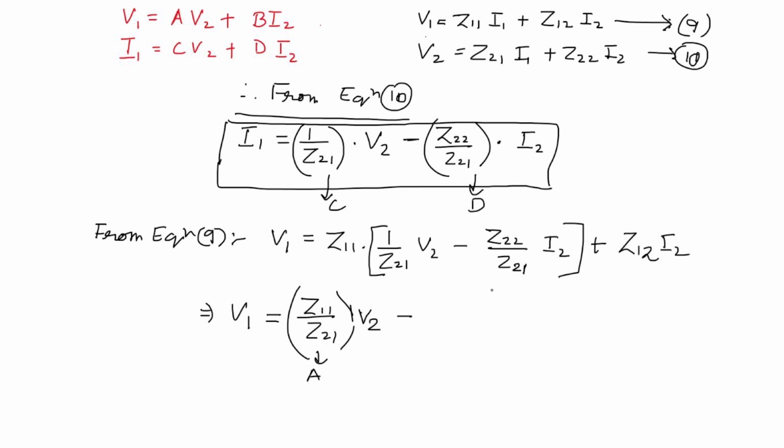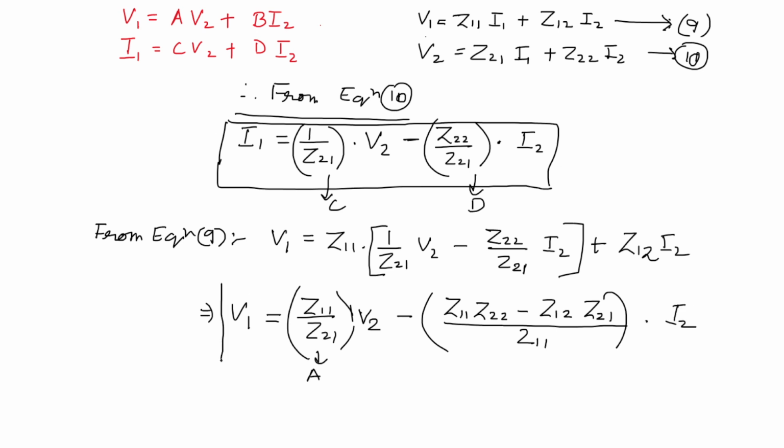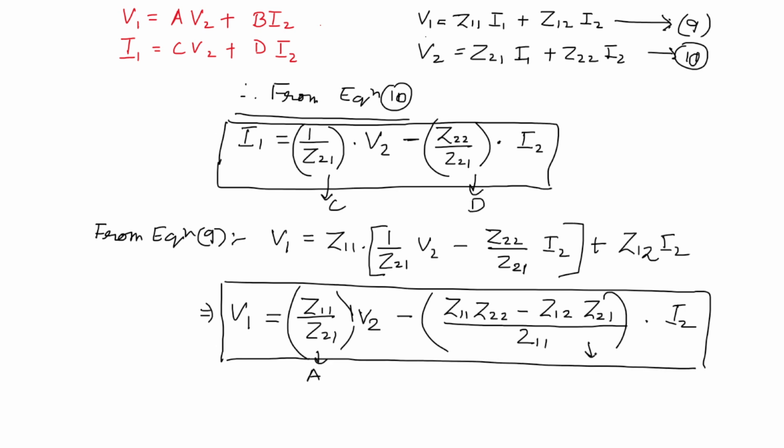Then we have minus Z11 Z22 minus Z12 Z21 divided by Z21 that multiplied with I2. So this is our another equation. So if you compare, it must be B.